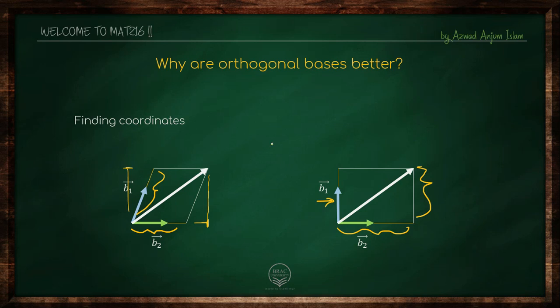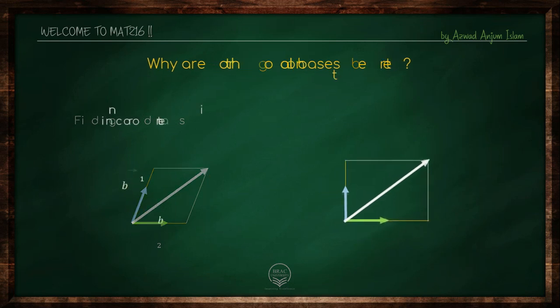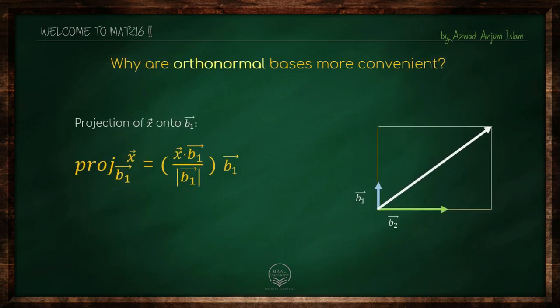Now, this is a very good example which also shows us why simply using an orthogonal basis is less convenient than using a basis which is not just orthogonal but also orthonormal. And let's see that in our next slide.